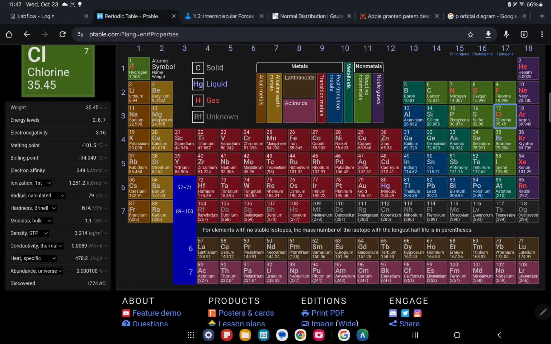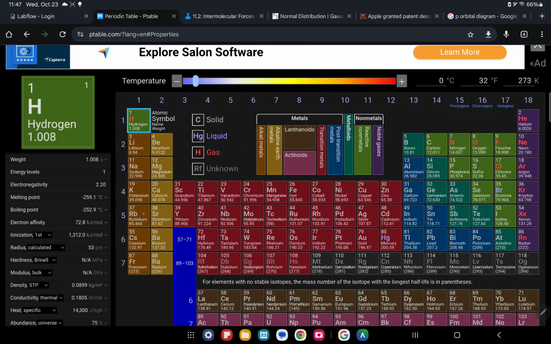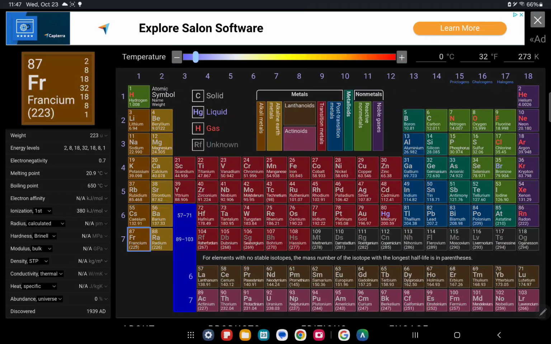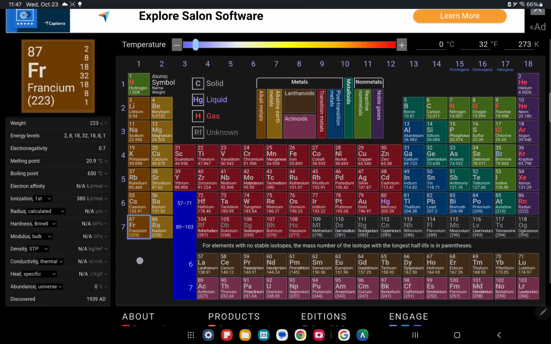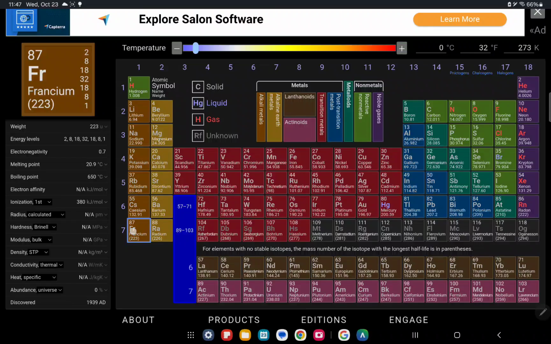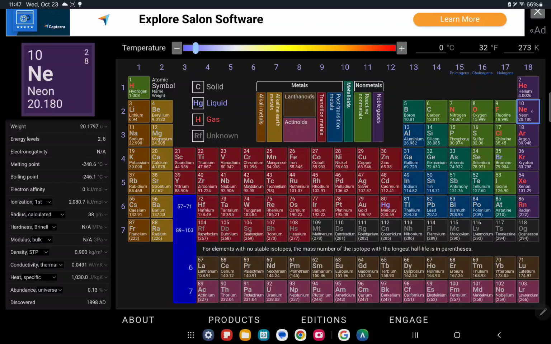For example, the thing about elements is if they are able to react, let's say sodium, its most stable state is going to have a full p orbital. To get to this full p orbital, it would have to lose 1 electron, making it positive.